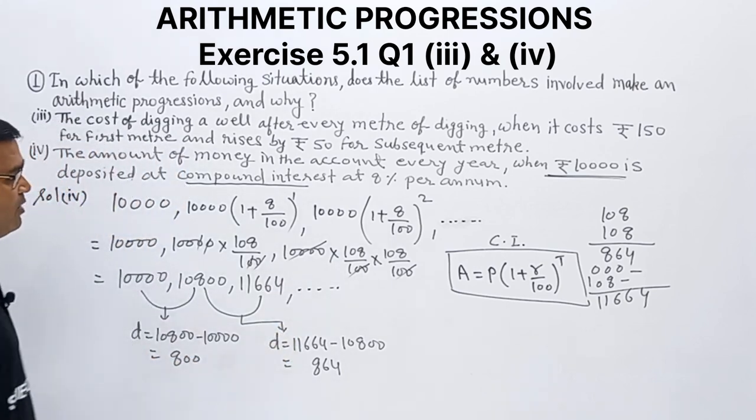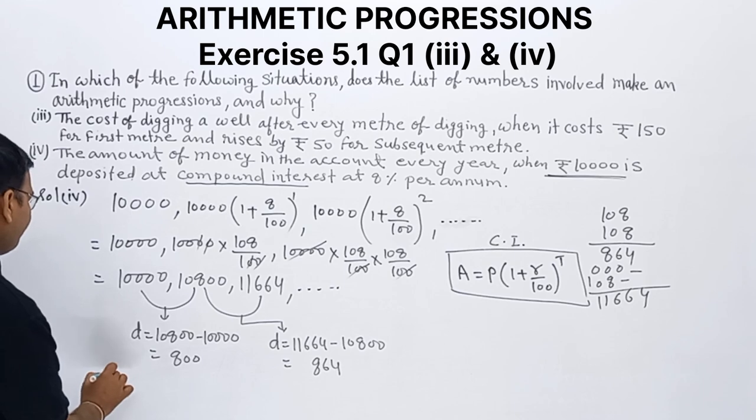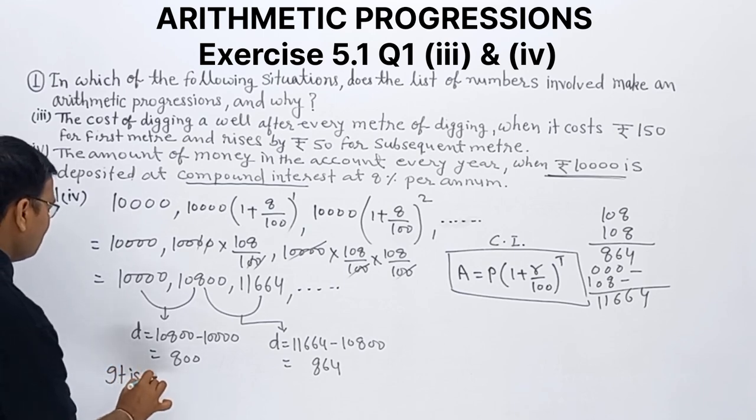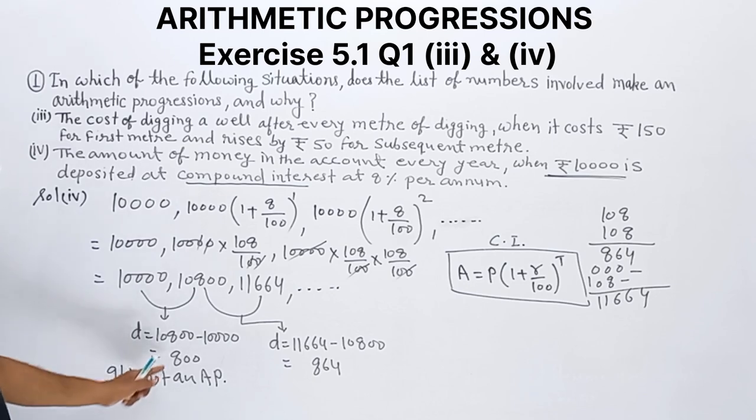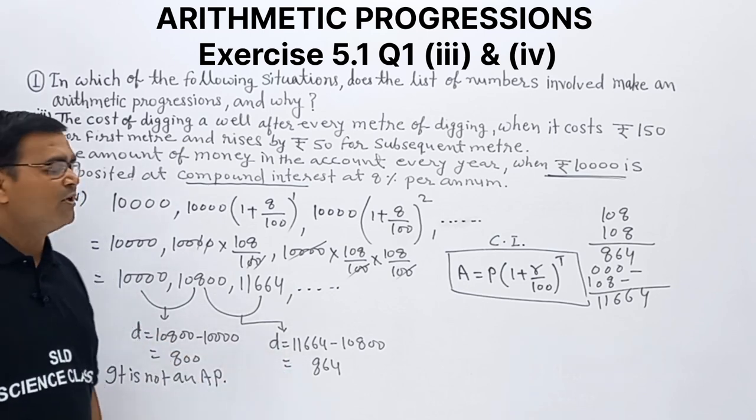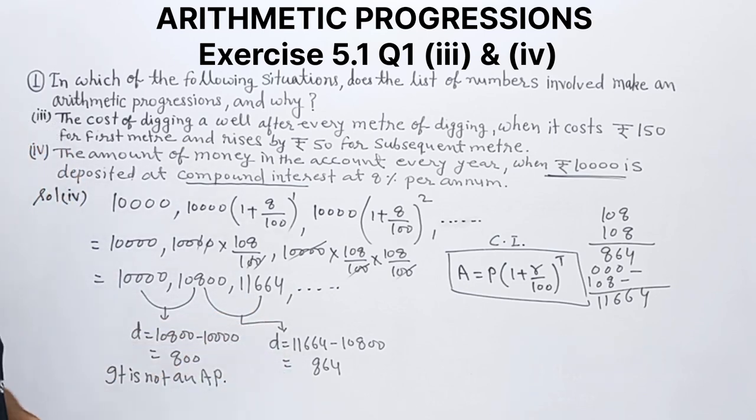Both are not the same. The common difference d is not the same, so it is not an AP. Once we obtain the same common difference, only then can we say the given sequence is an AP.